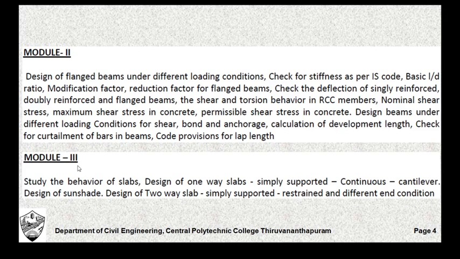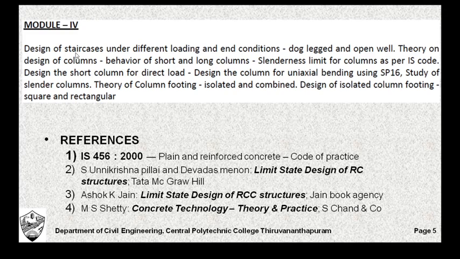Coming to module 3, the same concept of limit state shall be extended to the design of slabs, one-way slabs and two-way slabs. You shall be doing the designs in detail under different end conditions. And coming to module 4, you will be introduced to the design of staircases, the design of short columns, as well as column footings.